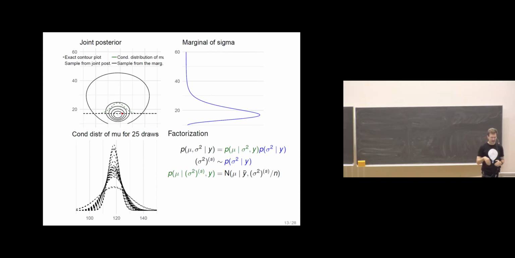We take slices of that hill in different locations, and in the sampling approach those locations are distributed as the sigma, and we get these samples of conditional distributions, and then the average of those is the marginal distribution for mu.